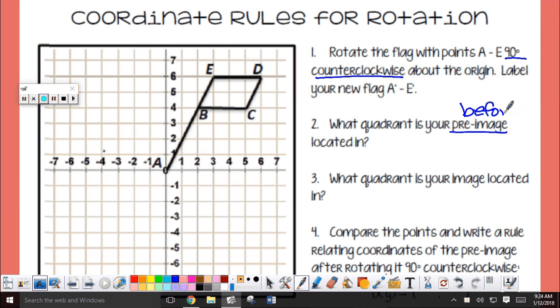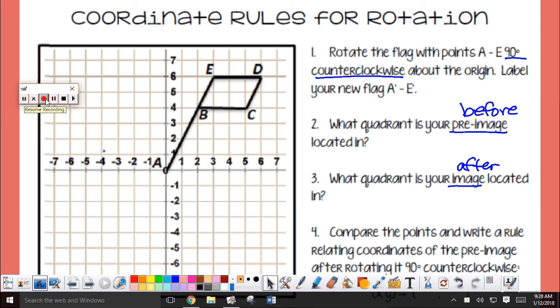This is before anything happens, before we do any kind of rotation, any kind of transformation. We're going to talk about reflections and translations later this week. But then once you bake the cake and you serve your cake to whoever you're serving it to, that is the after. That's your image. So before is the pre-image, and after is your image once you've done your physical rotation.